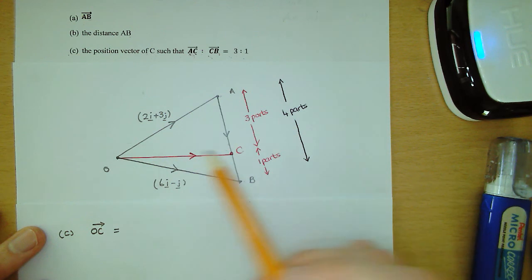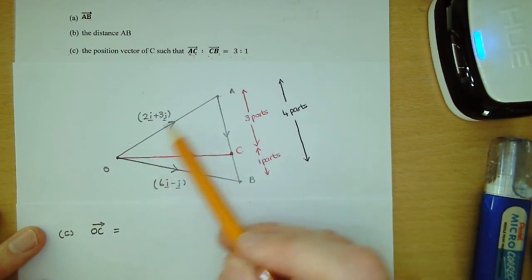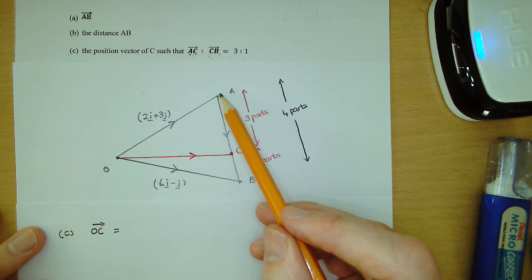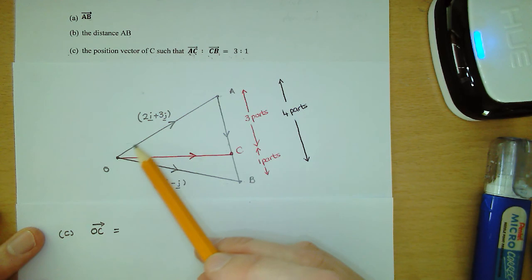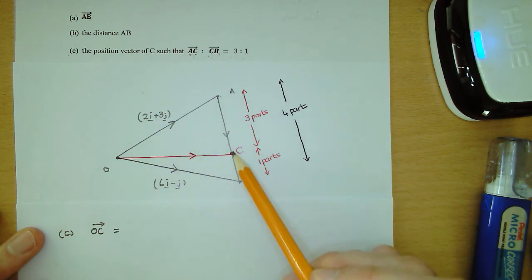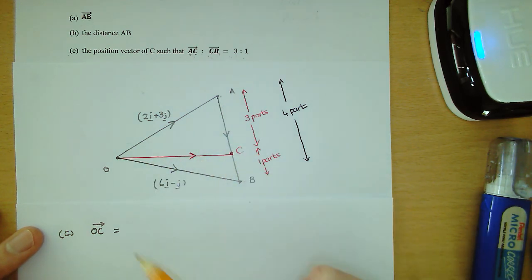So travelling from O to C is the same as travelling from O to A, so you travel along this vector and then travel from A to C. Do you notice that in our travels here, we're not moving against any arrows, we're moving with the arrows, so we don't need to make any vectors negative.